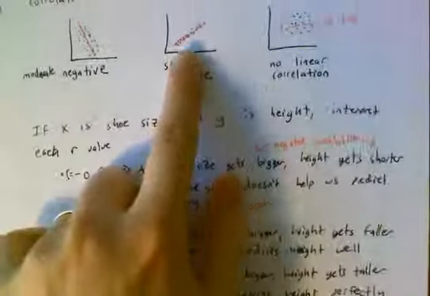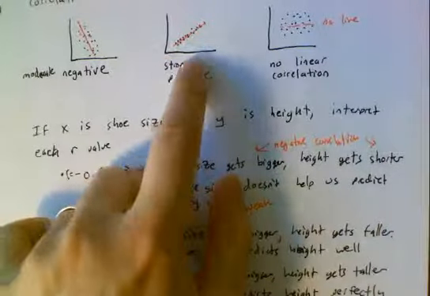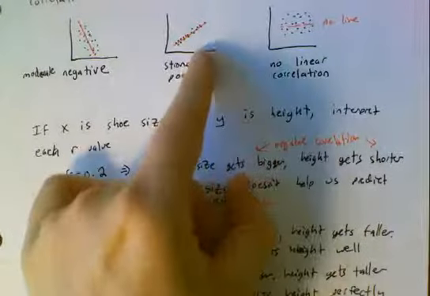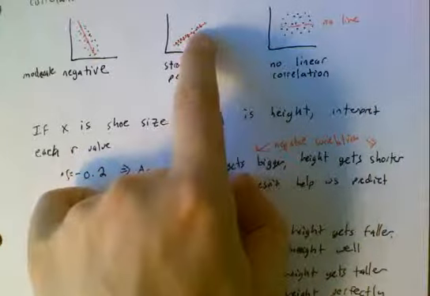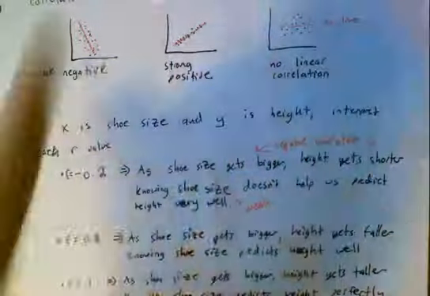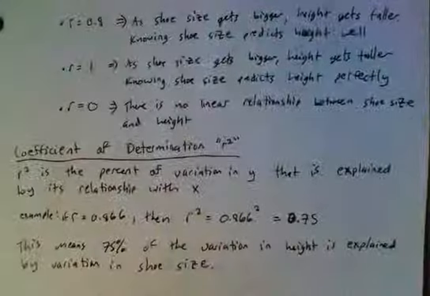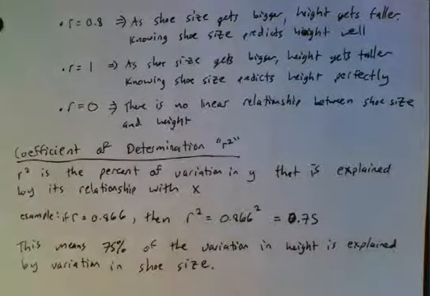So that means that these are clustering pretty closely to the line, kind of like we say here, that if I know this is the value for shoe size, then the heights are pretty tightly clustered together. And so this is why this is fairly useful, because if we're taking a whole bunch of variables and trying to use them to explain people's height, like nutrition and shoe size and a whole bunch of other different variables, it basically means that we know that shoe size explains a lot of the differences between people. We only have about 25% of the data that we need to find another explanation for.